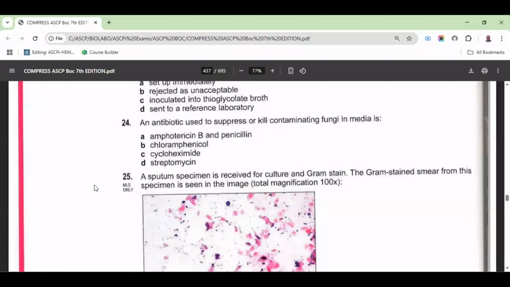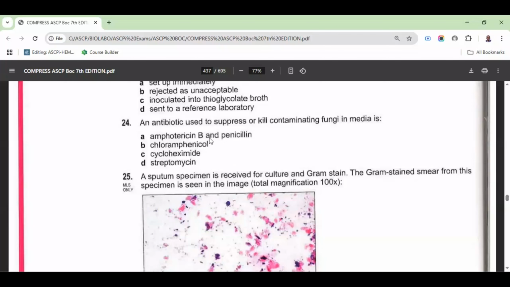A is for antibiotic. It's for bacteria, so it can be A. And what about amphotericin B? I'm trying to rule out here. Yes, cycloheximide is actually the standard one used.